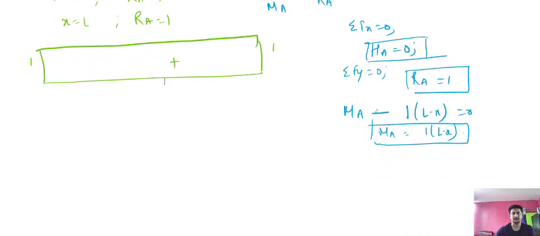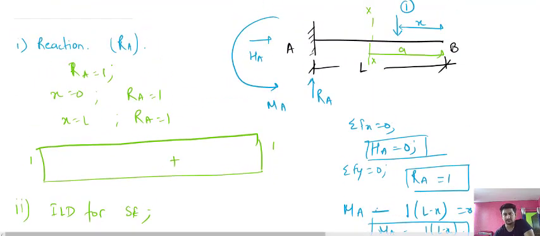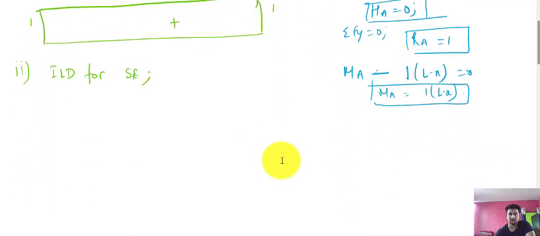Now comes the second case, that you need to make the influence line diagram for shear force. Okay, shear force. So how will you make the influence line diagram for this shear force? So first I have taken a section here. So write down the equation for shear force at section XX.